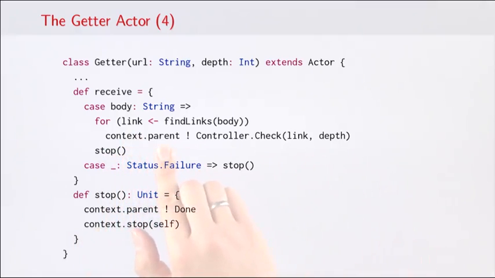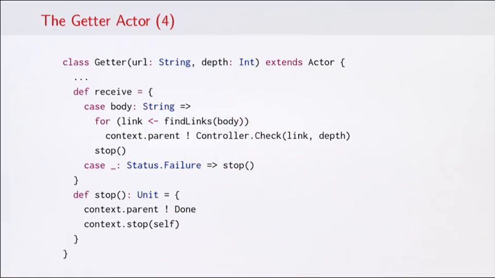Context has another nice method, which is called parent. Remember that every actor was created by exactly one other actor, and that is its parent. We can access it like so, which gives us an actor ref. And we send the message to check the new link we found at the depth which we have been told.